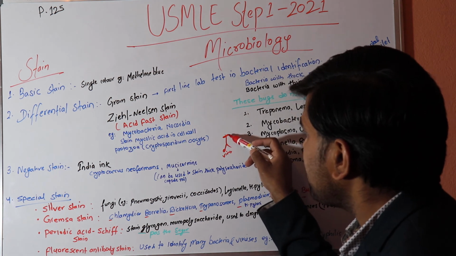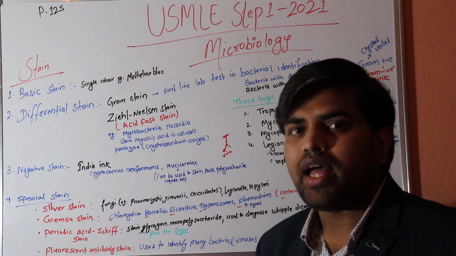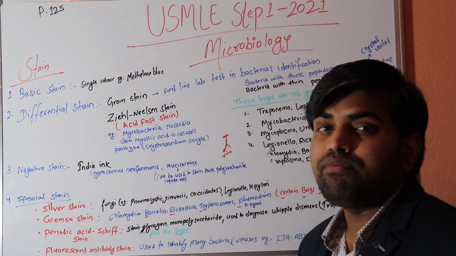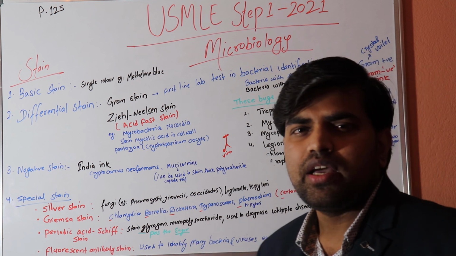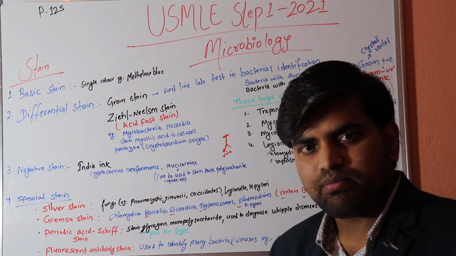On the basis of this dye, we can indirectly confirm that this virus is present in your sample, and the diagnosis is confirmed. So this can be applied for everything, anywhere fluorescence antibody dye can be used, and it can be used for diagnostic tests.